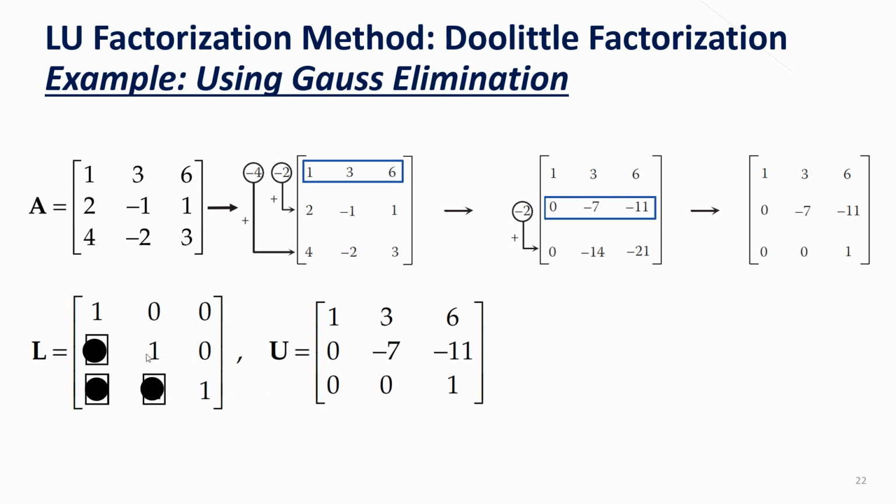Assume that you only know that this will be the lower triangular matrix in which all the values above the diagonal will be 0, and all the values of the diagonal will be 1. So here this one will be 1.